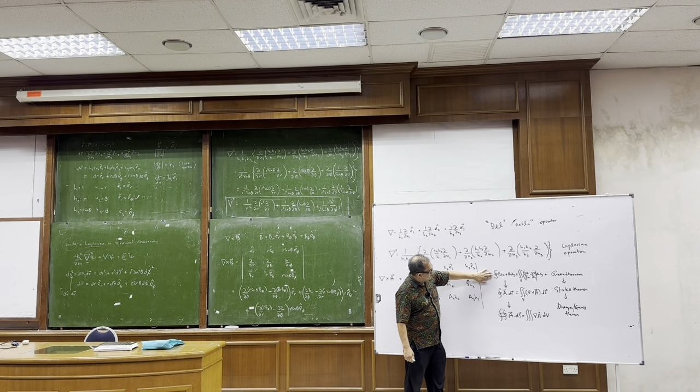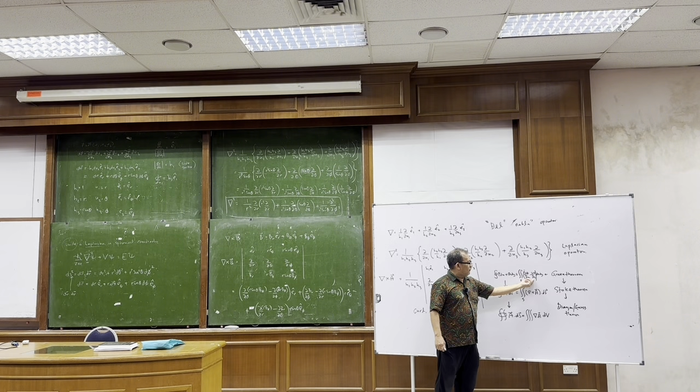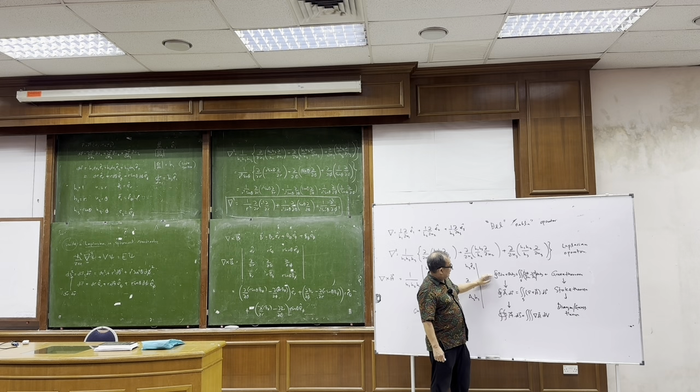Green's theorem: this is a closed line integral, and then a surface, just a portion of curl, and then this is a surface. And then go to Stokes' theorem, always the same, but more generalized.